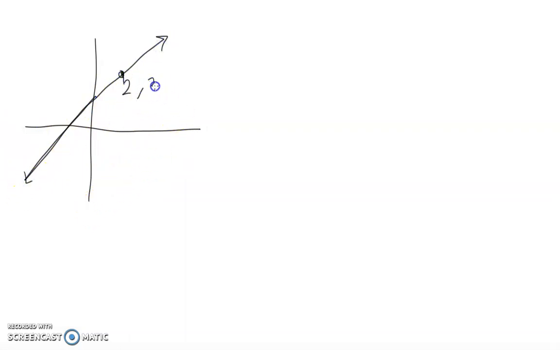2, 3. This is -2, -1. Okay, so first we are going to subtract y2 minus y1.